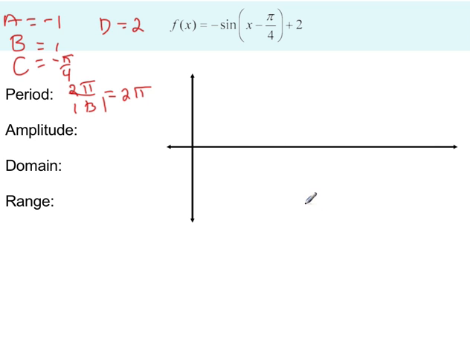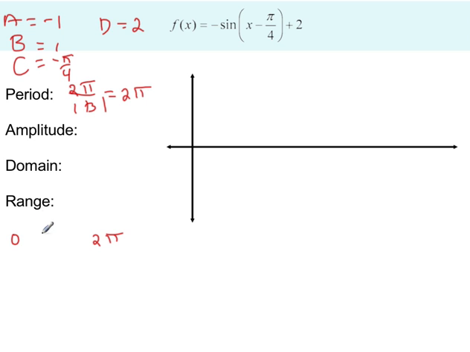Now, the next thing that I'm going to do is find the values on the x-axis I'd like to plot. Remember, we are going to graph one period. So, usually, for any kind of transformations, I graph between 0 and 1 period, which in this case is 2 pi. Now, the difference is that my c value has caused my graph to shift to the right, because remember, we subtract c.